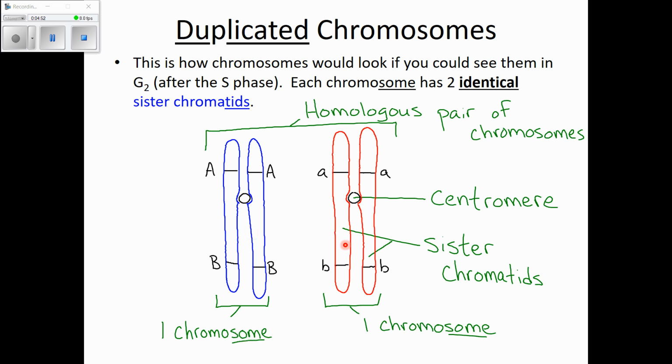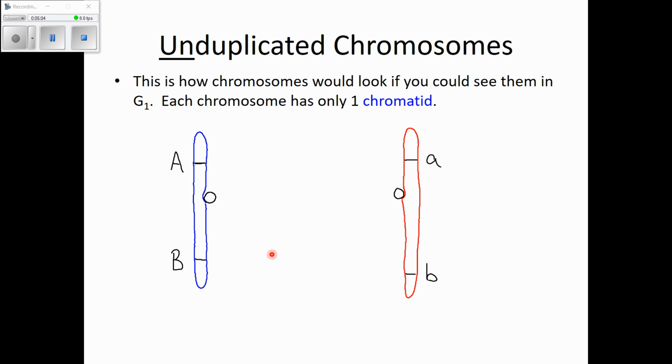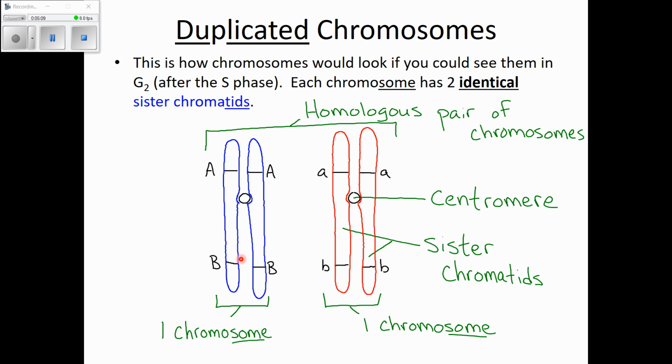So sister chromatids are the two identical copies that make up a duplicated chromosome. So a chromosome can have one chromatid, as you see in this picture, or a chromosome can have two chromatids. And we are now looking at two duplicated chromosomes, each chromosome having two identical copies, two sister chromatids.